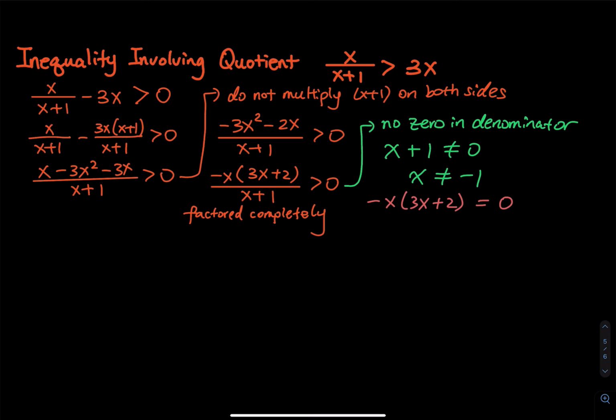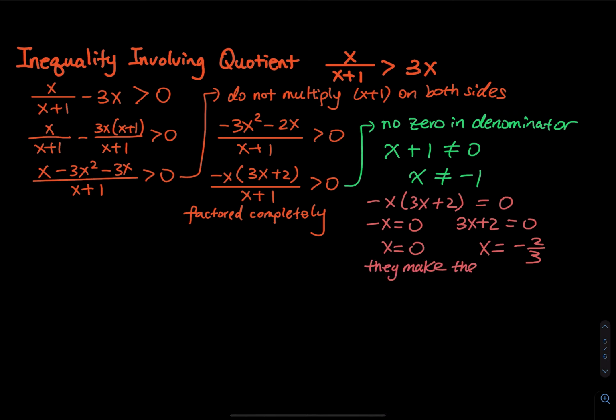Okay, so this is negative x equals 0, and then 3x plus 2 equals 0. You have x equals 0 and x equals negative 2 over 3, right?